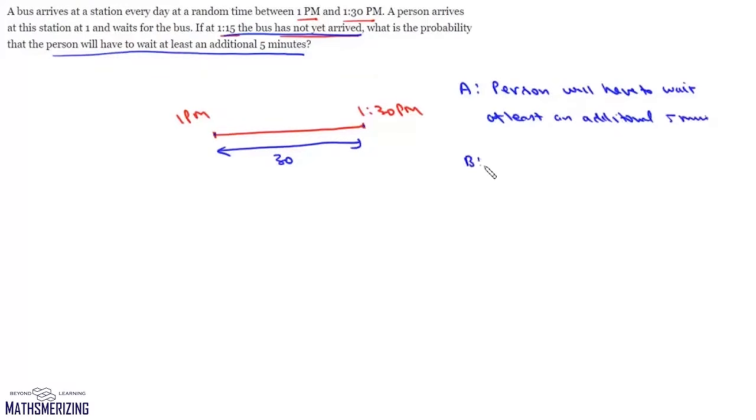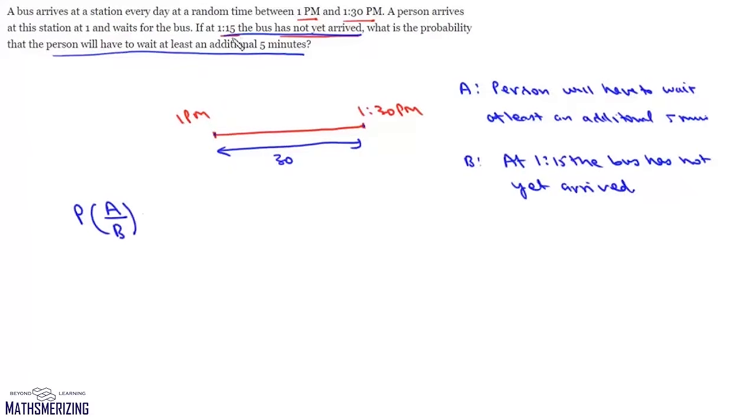And then event B is at 1:15 the bus has not yet arrived.